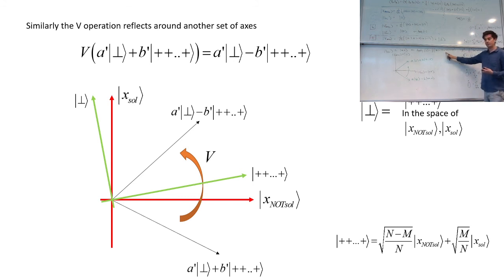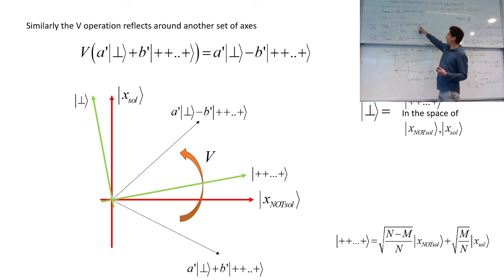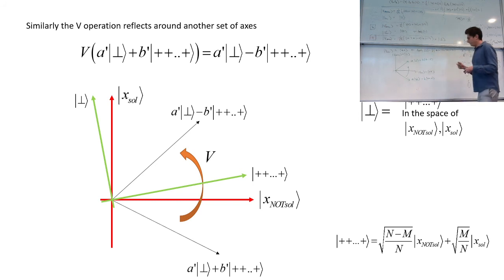So this plus state is nearly that, but not exactly. It's missing one of the states. That's why I've drawn it similar to this x not sol, but pointing slightly up because it contains a small fraction of this one.